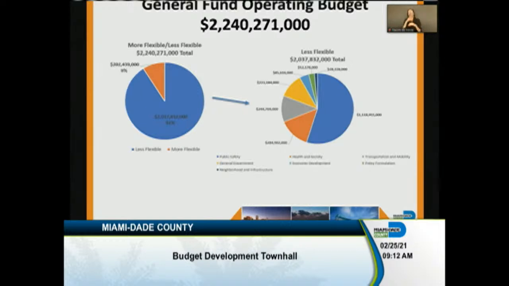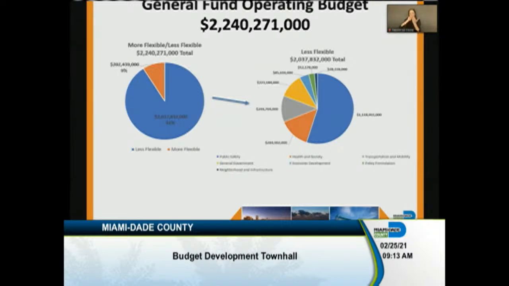Out of the services funded through the general fund, a majority are mandated by either federal, state, or local laws and agreements, or fund vital services to our community, such as police services, elections, medical examiner, etc.